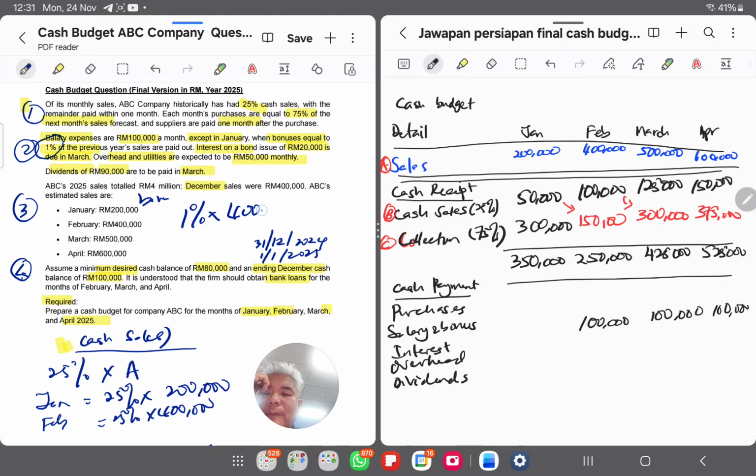Last month's sales is 400,000, so 10% times 400,000 is 40,000.